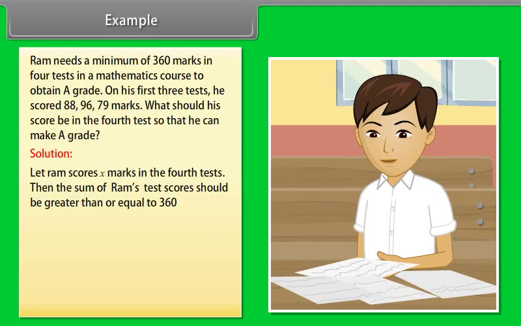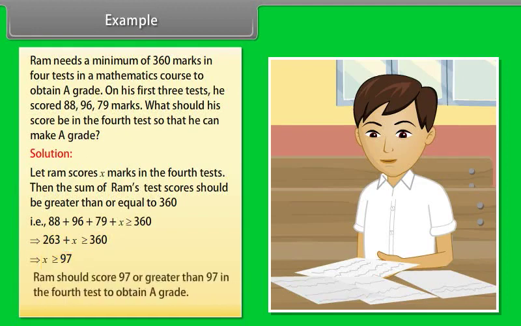Then the sum of Ram's test scores should be greater than or equal to 360. That is, 88 plus 96 plus 79 plus x greater than or equal to 360. It implies 263 plus x greater than or equal to 360. It implies x greater than or equal to 97. Ram should score 97 or greater than 97 in the 4th test to obtain A grade.